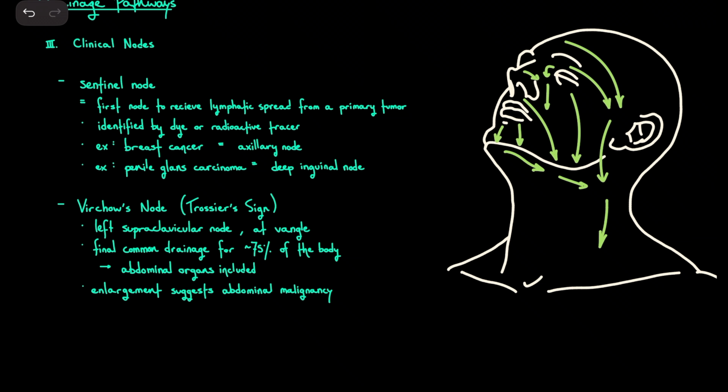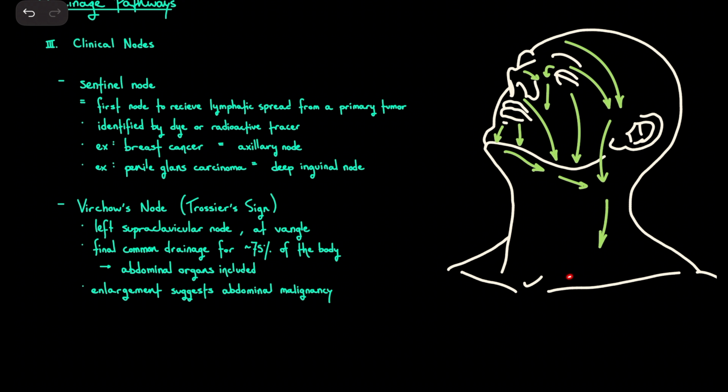Our final checkpoint. And remember, this is the final drainage point of 75% of the body, abdominal organs included. So if we have enlargement here, that typically is going to suggest some sort of abdominal malignancy. And again, I said it's a bit morbid.